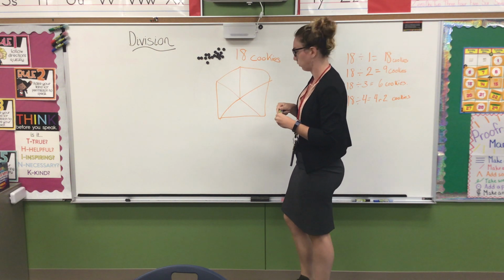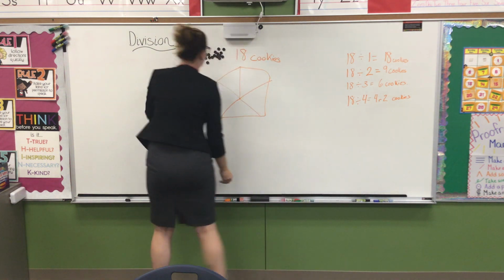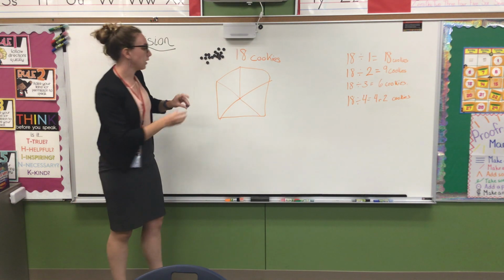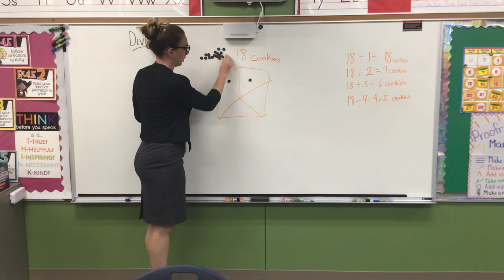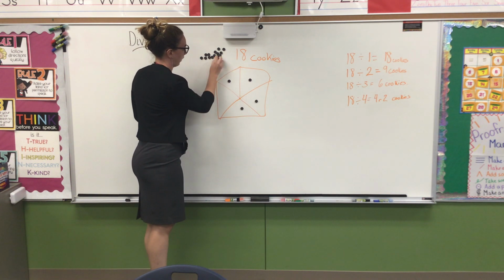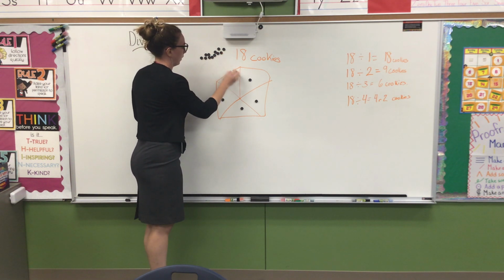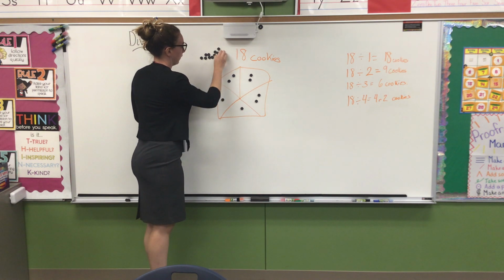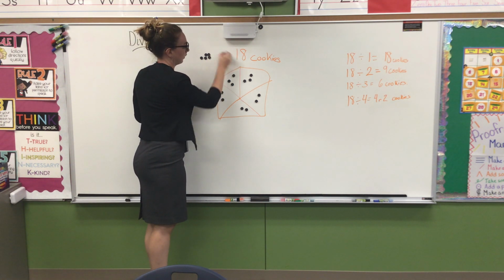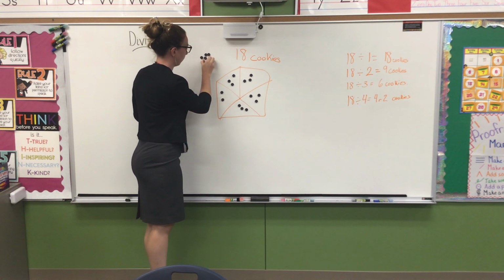Almost like a pentagon. Miss Farmer could draw better. Alright. Again, 1 cookie in each section at a time. 1, 2, 3, 4, 5. 1, 2, 3, 4, 5.